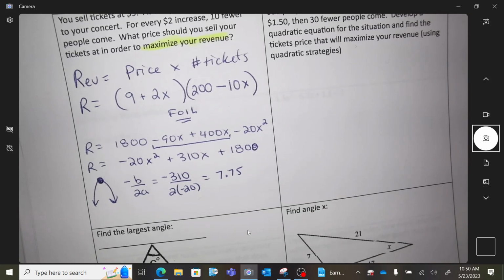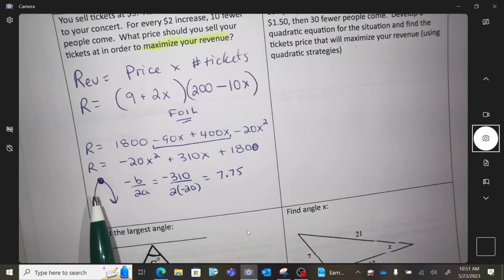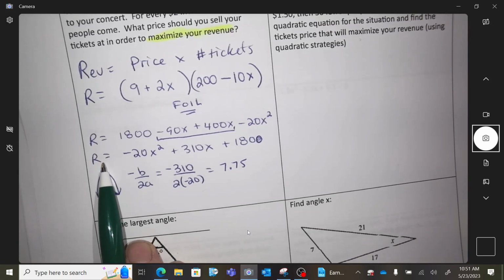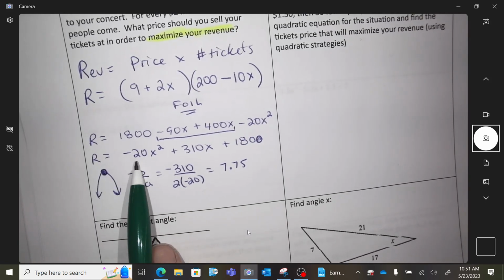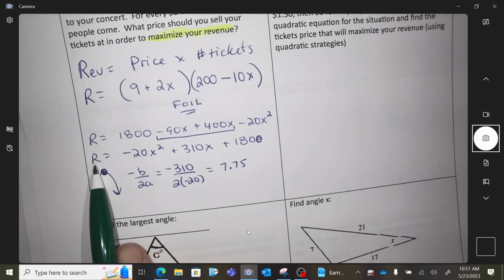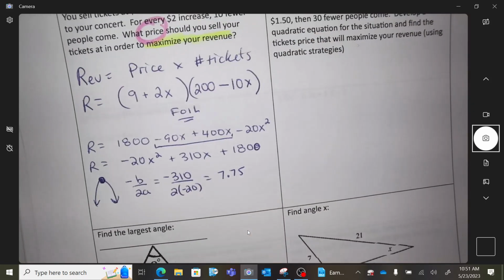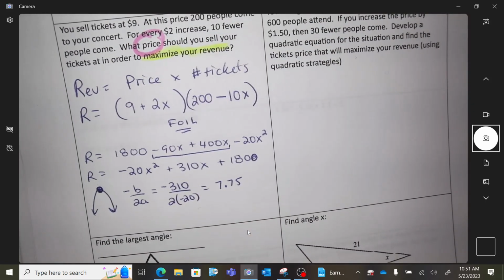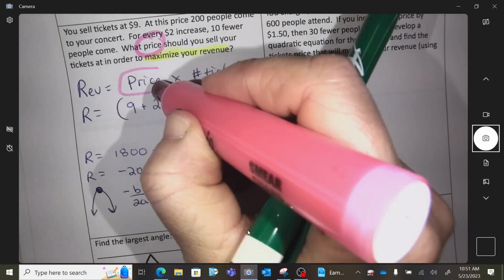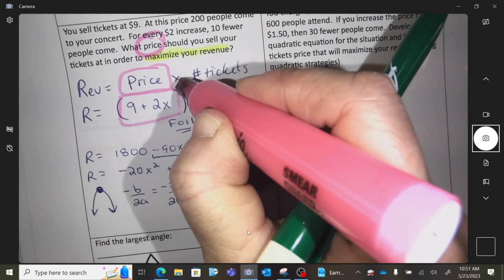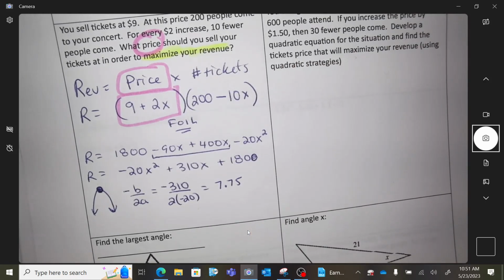Okay, usually we plug that in. If I plug it in, I would end up with the revenue. If I plugged it in here, it would equal the revenue. I don't actually want that. I want what price. So where should I go plug it in? Wherever I see the representation for price.